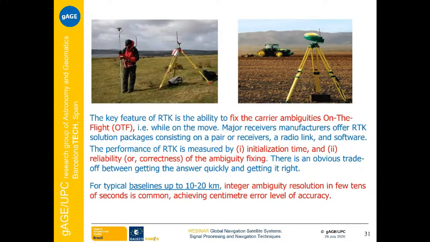Major receiver manufacturers offer solution packages that consist of a pair of receivers, reference station and rover, and the software to process the data. The performance of RTK is measured considering the initialization time, that is the time we need for the first fix, typically seconds, and the correctness or reliability of the ambiguity fixing.